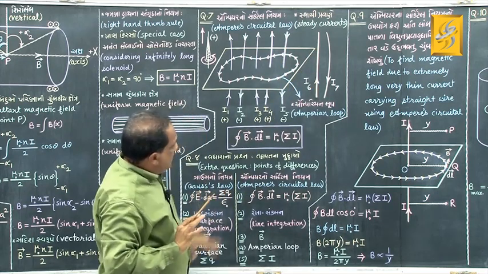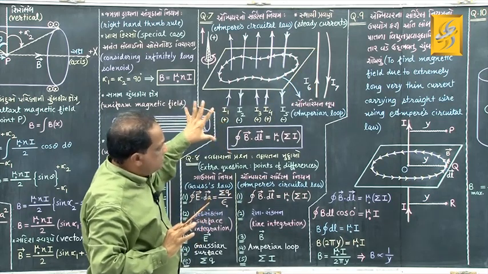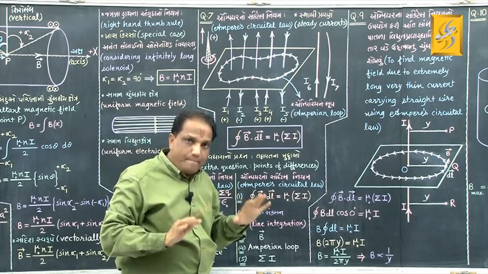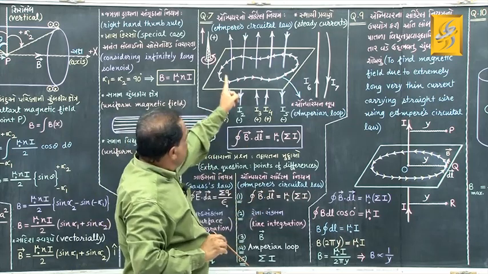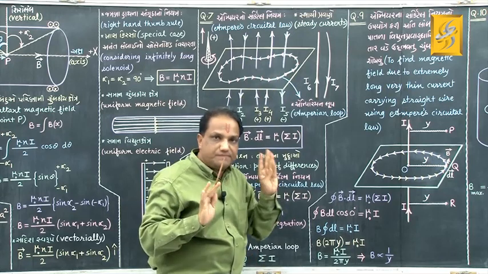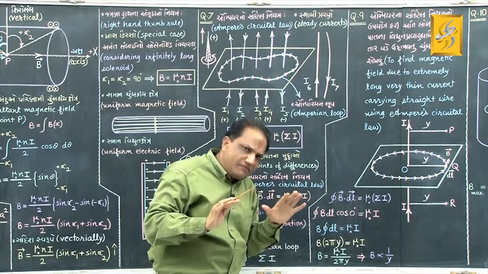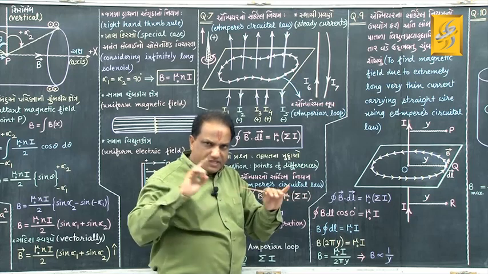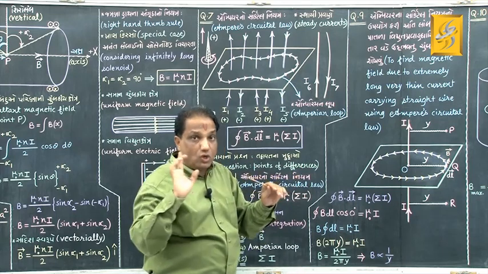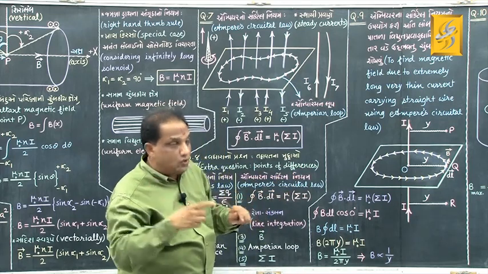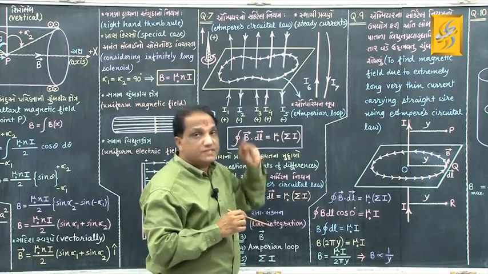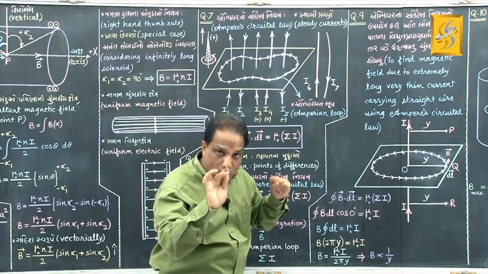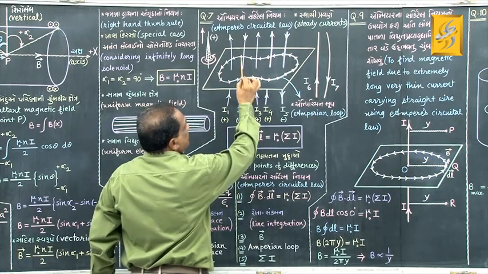Correct? Now out of these 7 current carrying wires, I just select the first 5 wires at present. Then I consider some planar closed loop which can enclose these 5 currents, and that planar closed loop is this.